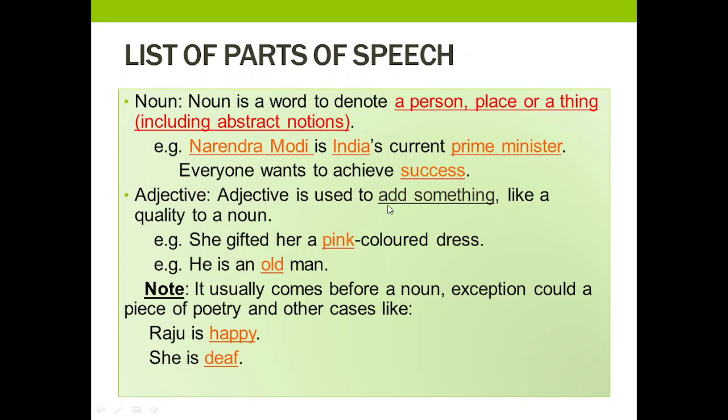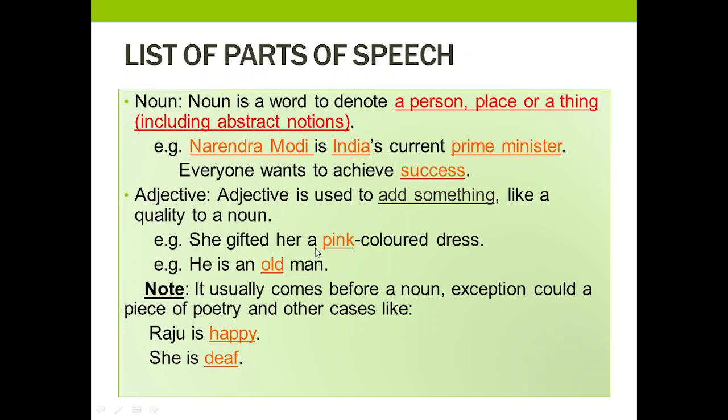Adjective is used to add something like a quality to a noun. So we have to understand that adjective is dependent upon noun. It is like it follows a noun. We can understand this with examples. She gifted her a pink colored dress.